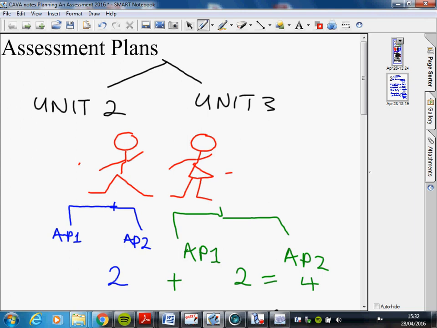Each of these learners must have 2 plans. Can you see that? And this level is the planning level. When you have 2 assessment plans for each learner, you're going to have in total 2 plus 2 is equal to 4.